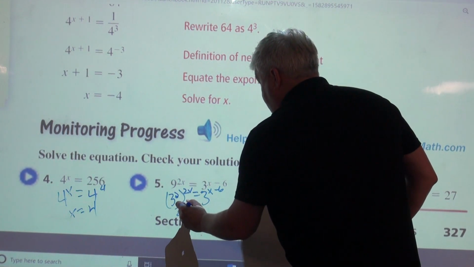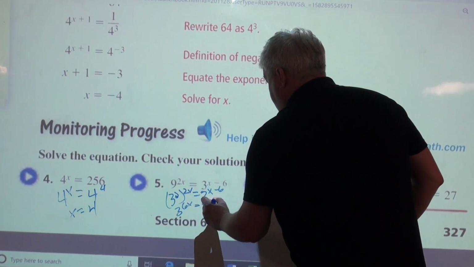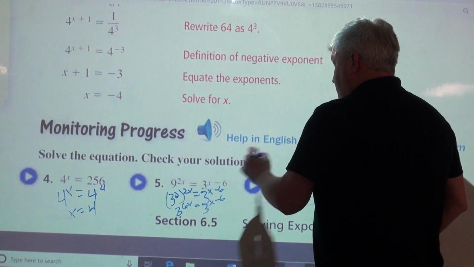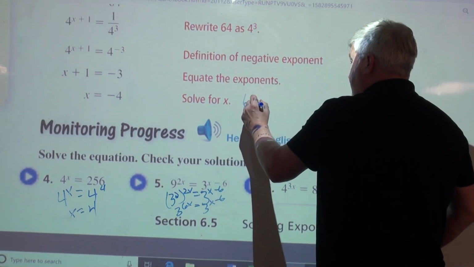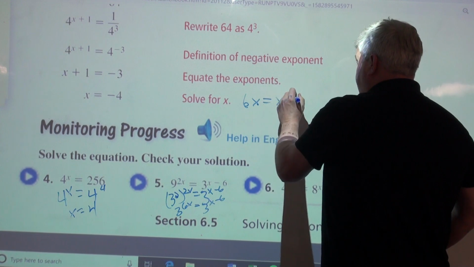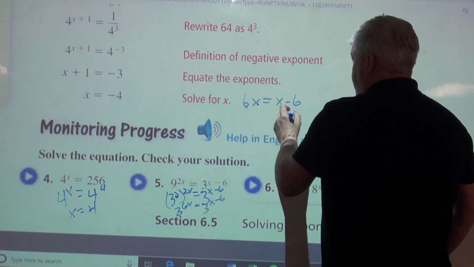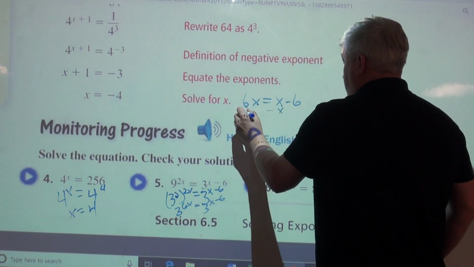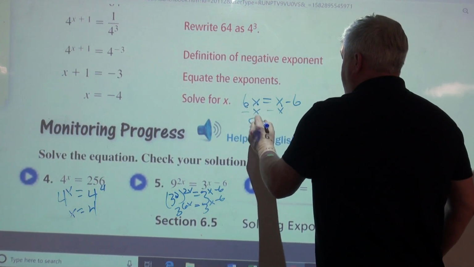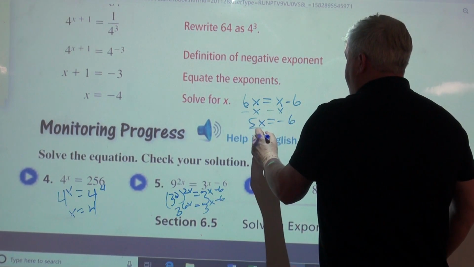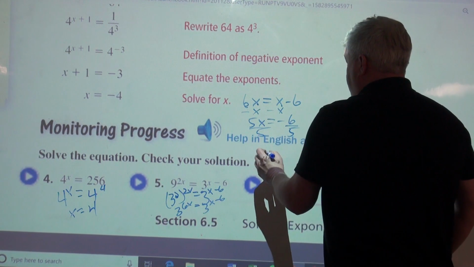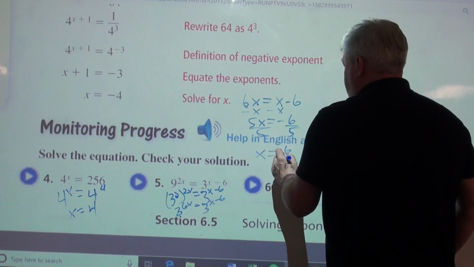It's 3 to the 6x equals 3 to the x minus 6. Set those two equal to each other. 6x equals x minus 6. Subtract x. 5x equals negative 6. Divide by 5. And this is ugly. X equals negative 6/5.